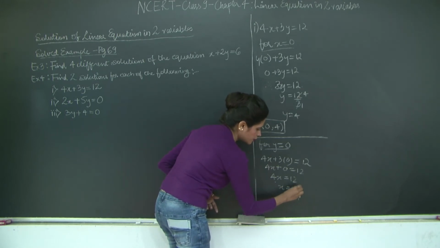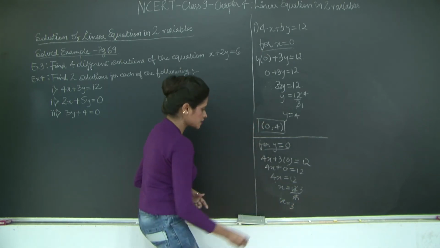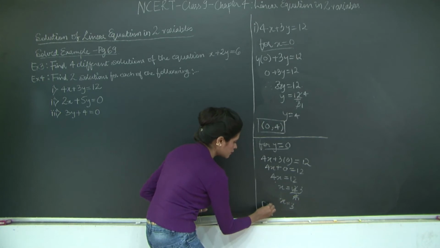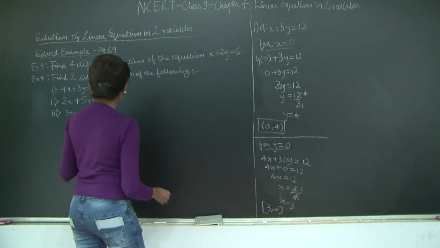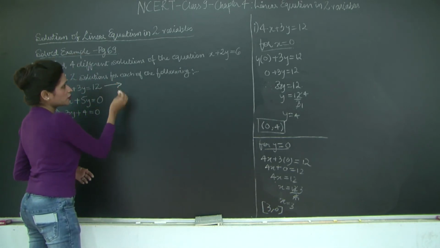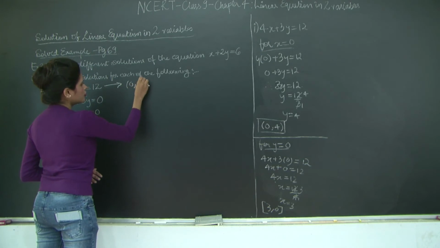So 4 1s are 4, 4 3s are 12. Here x is equal to 3. So what is your solution? It is (3, 0). Hence we have found 2 solutions. I'll write the answer over here. My 2 solutions are (0, 4) and (3, 0).